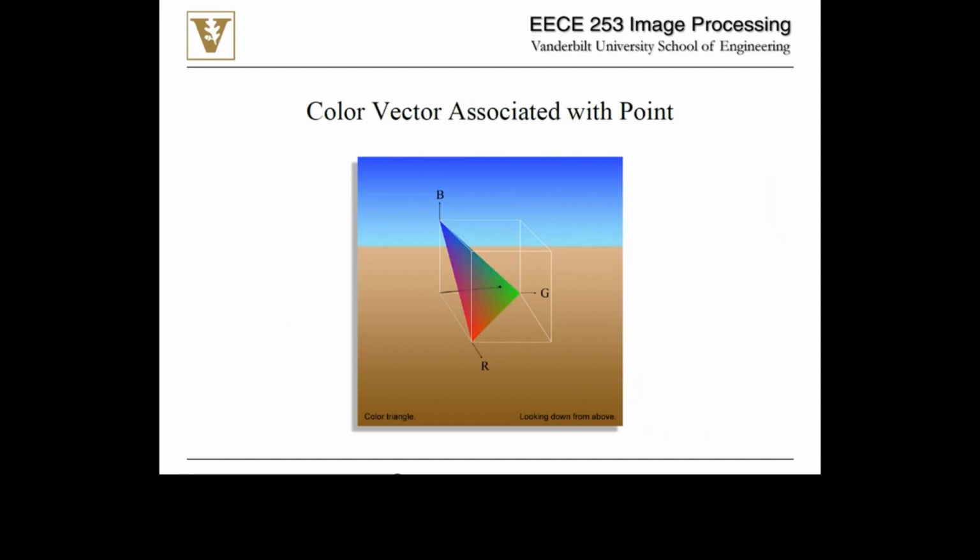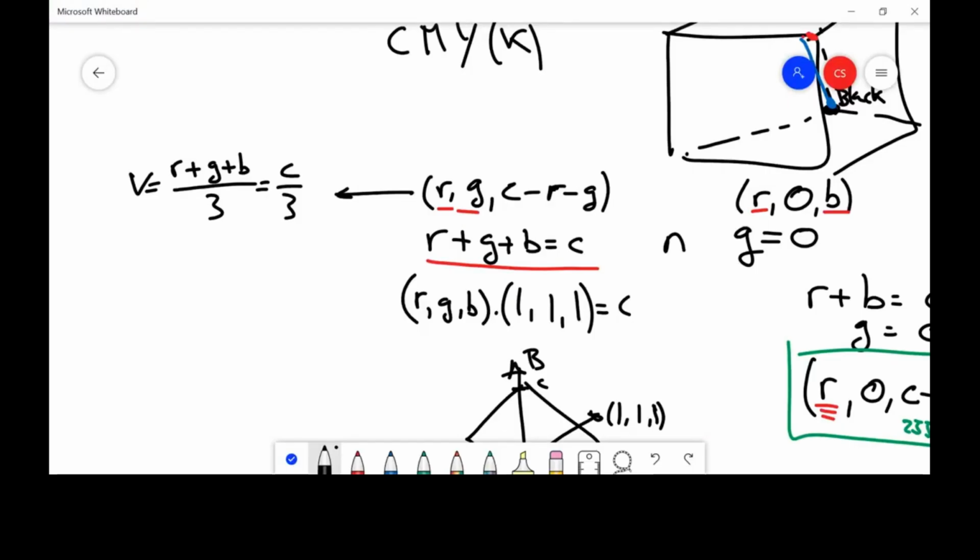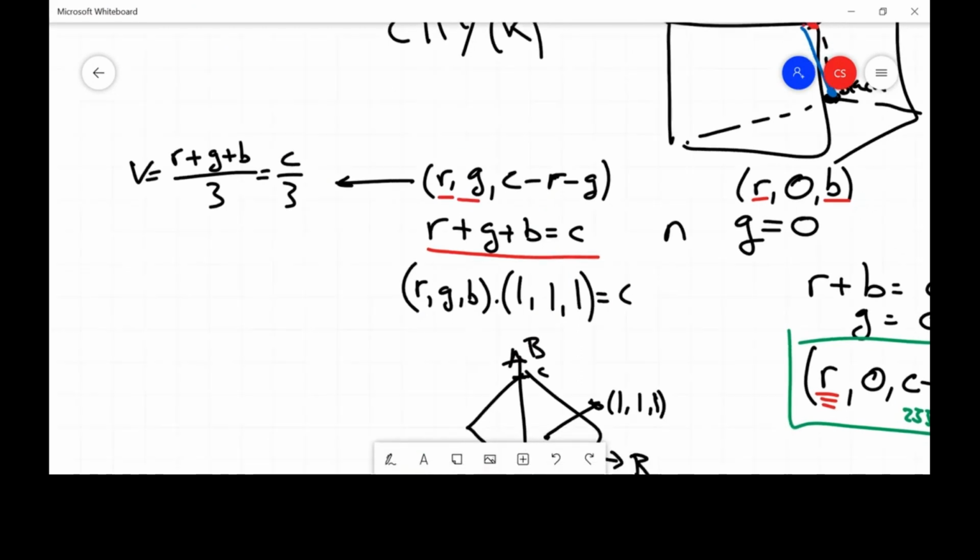Now, so this is the V. So this is our color that we want to represent. Okay, good. Then, this is the same. There is a line, the 111 line. So the 111 line, let us think of that line.